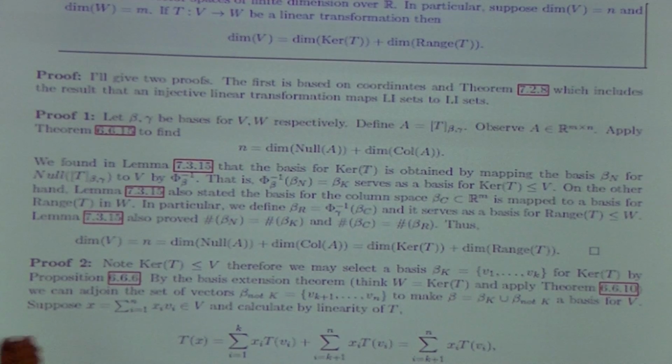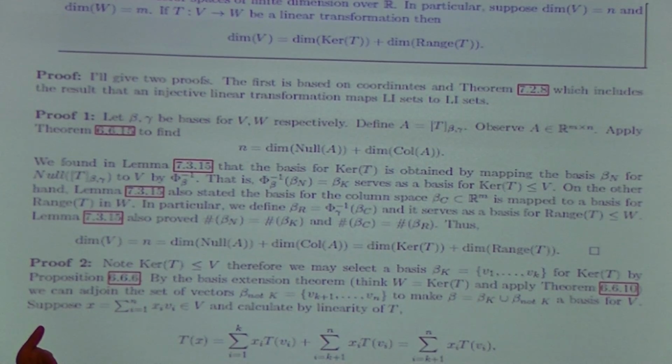Everything that's not in the null space basis has to be vectors that map to the image non-trivially. So basically what's proved is that the images of the vectors not in the part of the basis corresponding to the kernel have to fill out the range.